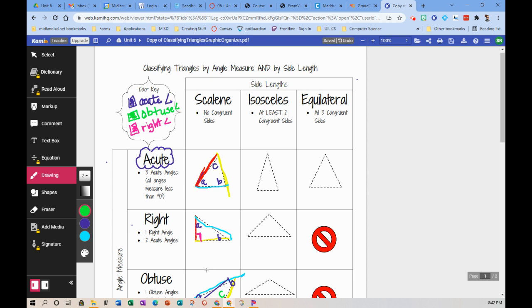Isosceles, 2 congruent sides. So that means we're going to have 2 acute angles. So that would be this angle A and this angle A. And then we're going to have angle B, which is also acute. And then we're going to have 2 sides that are the same.